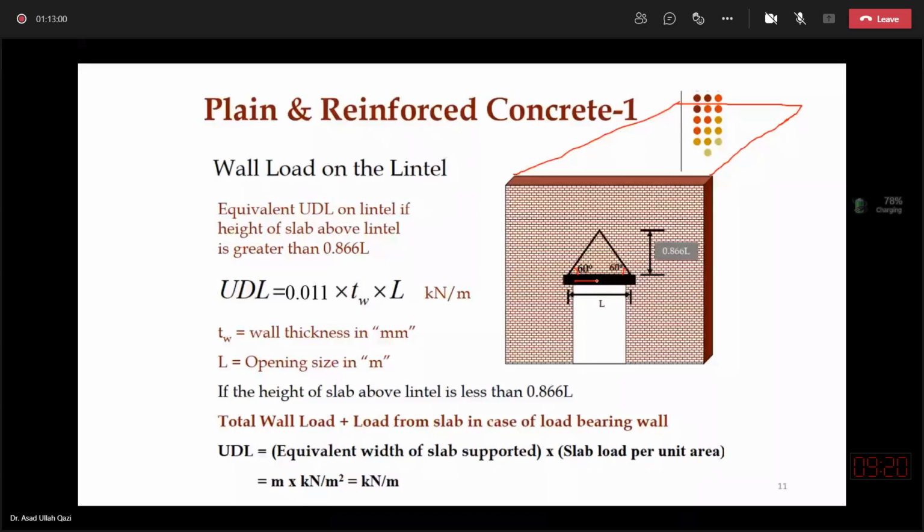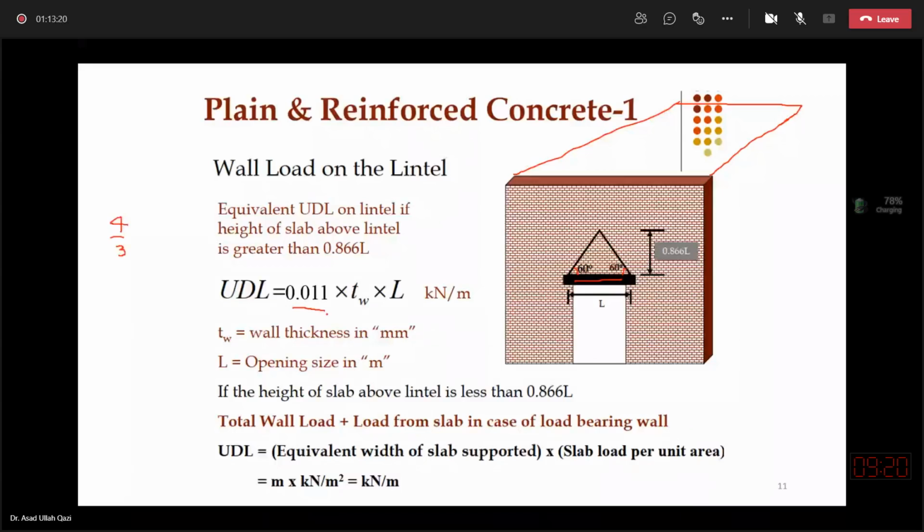So to convert this triangular load into an equivalent UDL, a factor of 4/3 is used, and which is adjusted in this calculation.